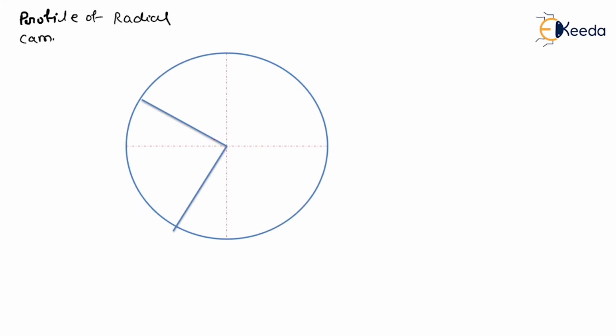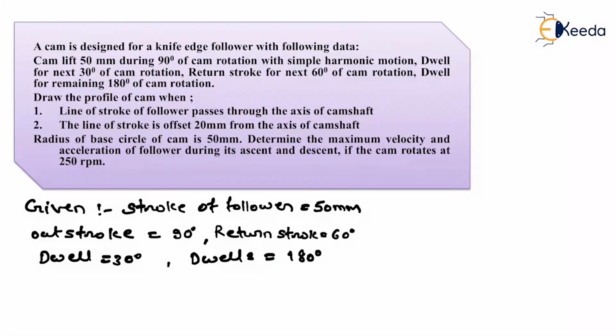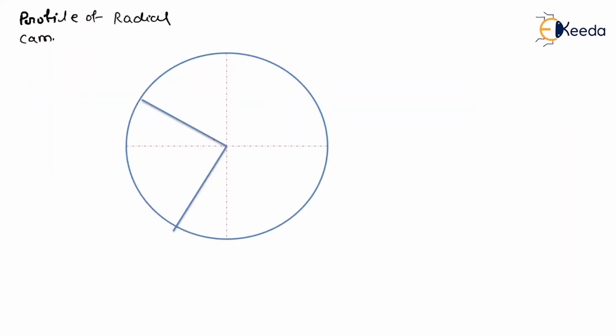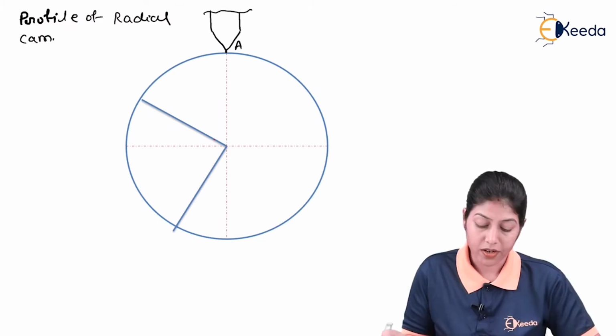So if we want to draw the profile of the radial cam, in that case, what we have to do, first we need to find out the position of the follower. It is given here, for two conditions we have to draw the cam profile. First condition is when the line of stroke of the follower passes through the axis of the camshaft. In that case, the position of the follower will be here.